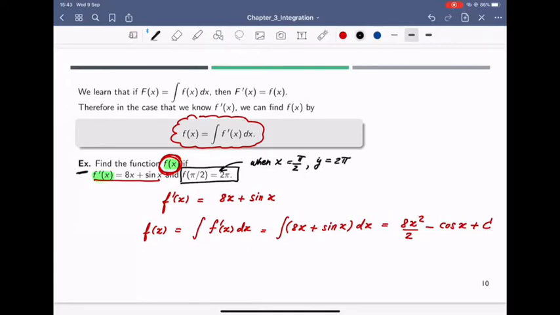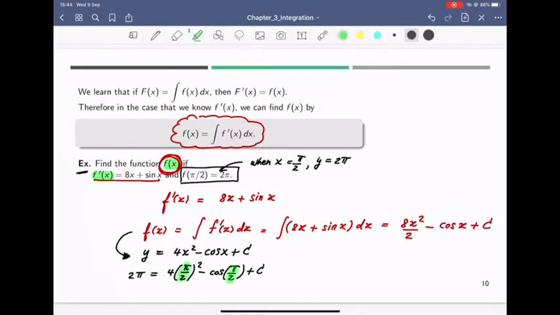So for the equation that you have, y equal to 4x squared minus cosine x plus c, this is your equation after you compute your antiderivative or indefinite integral. So this is your answer. And now you know that when x equal to pi over 2, your y equal to 2 pi.